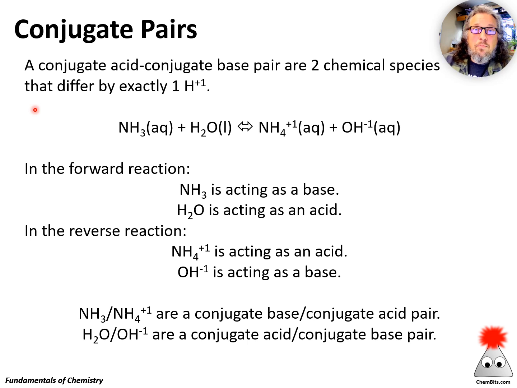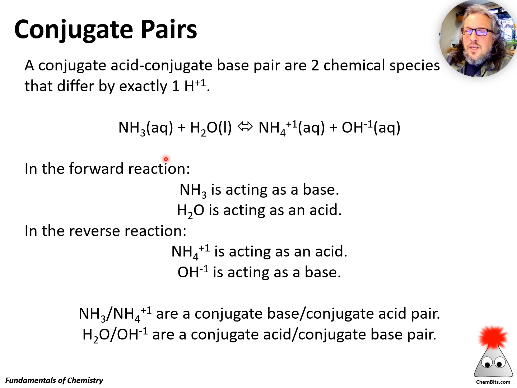This brings up an important classification of substances as conjugate pairs. A conjugate acid, conjugate base pair are two chemical species that differ by exactly one H+. If we look at a reaction here, which is just a shortened version of our ammonia reaction, what is ammonia doing? It is accepting H+ and becoming ammonium.